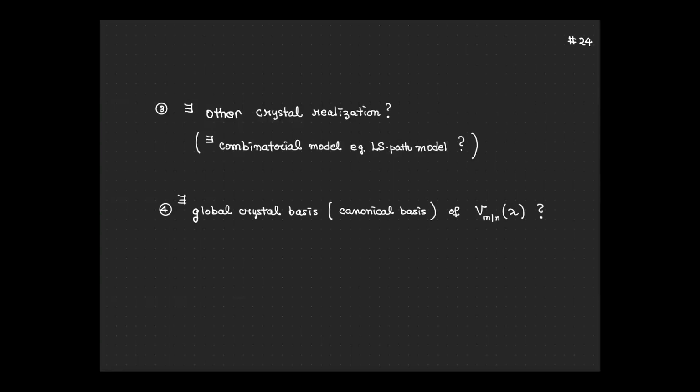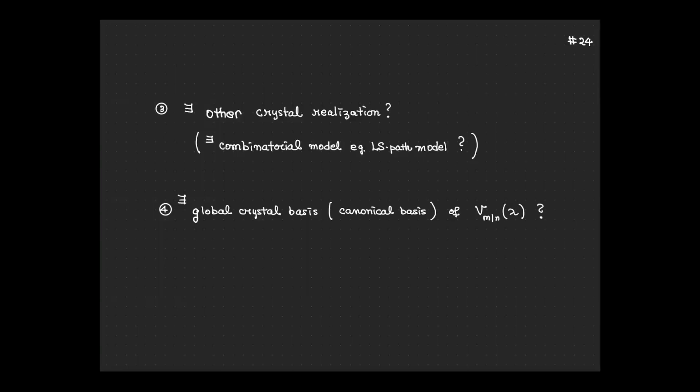And I think one of the difficulties for the existence of the canonical basis of this irreducible representation is that there is no presentation of it. For the GLN case, there is a well-known presentation of the finite dimensional irreducible representation.